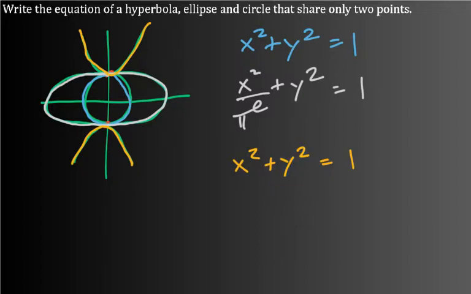The only thing I would have to change is, this is still centered at the origin, still moves 1, b is 1. I just need this to be negative. If that is negative, then it will change my circle into this hyperbola, right? And so these 3 equations, if you graph them, you would get something like this, okay?